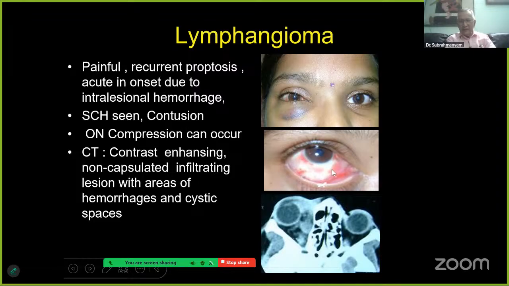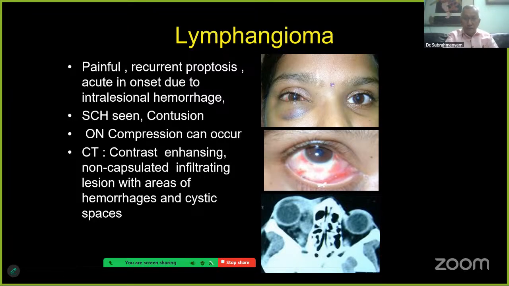Here you can see a subconjunctival hemorrhage. The CT shows a mass with hemorrhage, but the patient has no pain. Patient vision is normal. I have started a course of steroids, since there is a cyst and it's acute in nature.